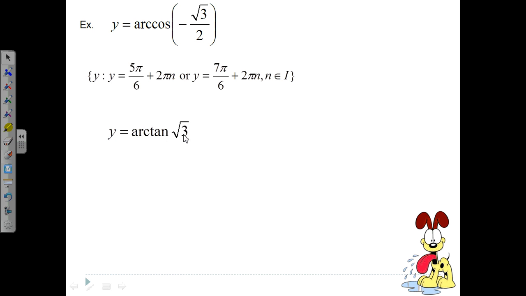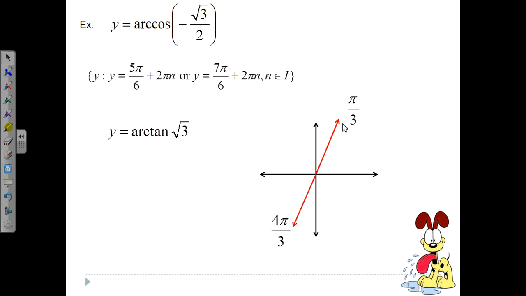And if it's root 3, then that means we're going to be at pi over 3 and 4 pi over 3. Now the interesting thing is with tangent, when you get your two angles, they should be directly opposite each other. They're exactly pi units apart, pi radians away from each other. So if I took pi over 3 and added pi, I should get all the way down here to 4 pi over 3.